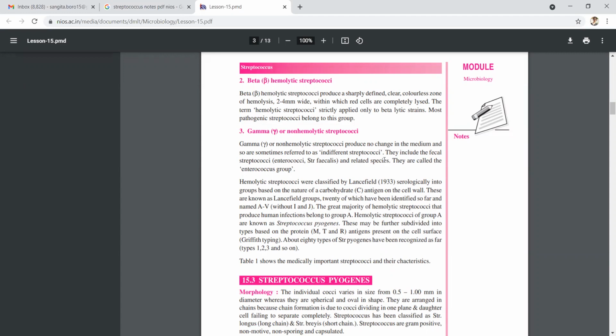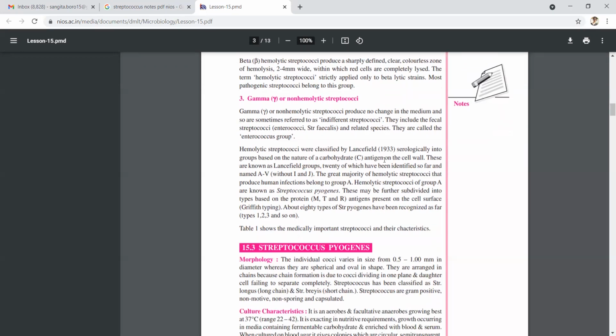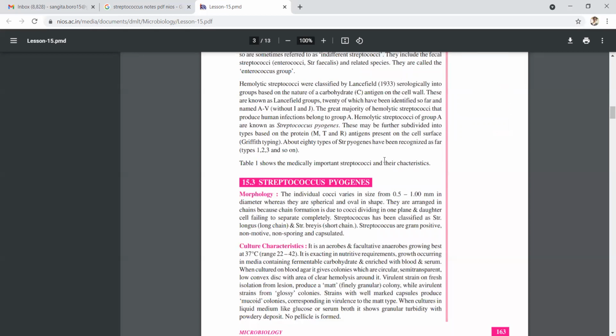This is again according to Griffith typing. Griffith was another scientist, and according to his calculation, this subdivision was made. About 8 types of Streptococcus pyogenes have been recognized so far, and the types are 1, 2, 3, and so on. Okay, so this was in general about Streptococcus.